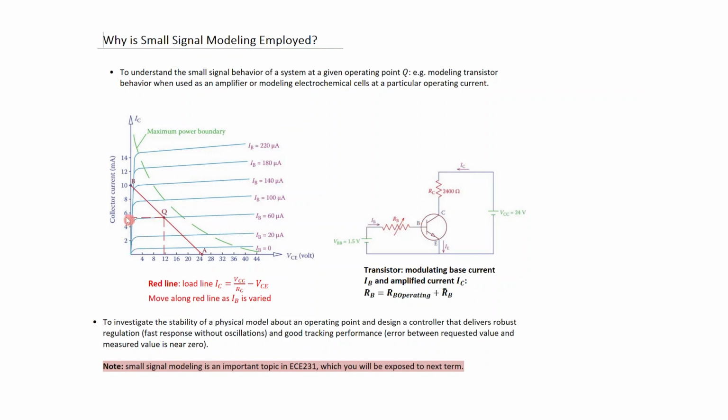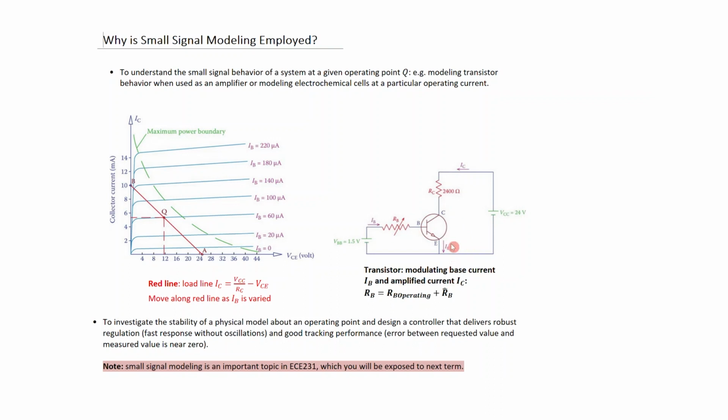You can see how that changes. So for instance, if IB were 60 microamps, this value would have adjusted to produce 60 microamps. Then you can see that as the collector emitter voltage increases, then the current that flows through the transistor is basically following this blue line. All right, so that basically is the operating characteristics of the transistor.